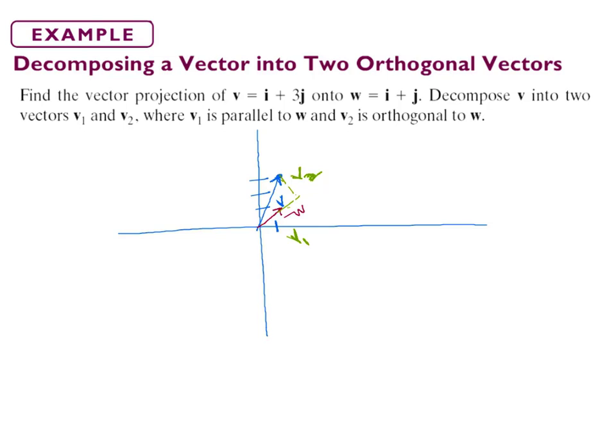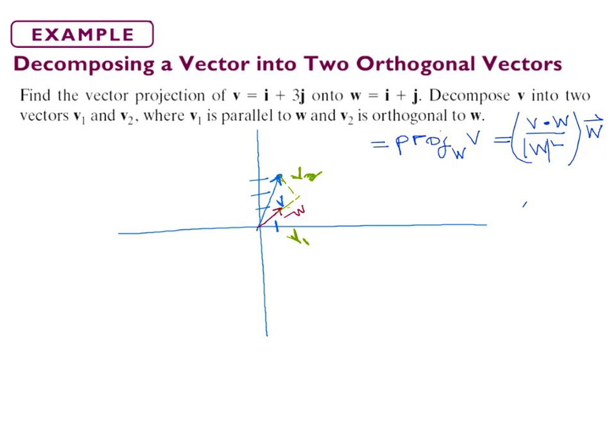Do you have any ideas, Delaney? Do you want me to write the formula up on the board? I know you don't have it memorized yet. So we know that's a projection, and we're going to project v onto w. And that's equal to v dot w over the magnitude of w squared times vector w. And what's that going to give me?